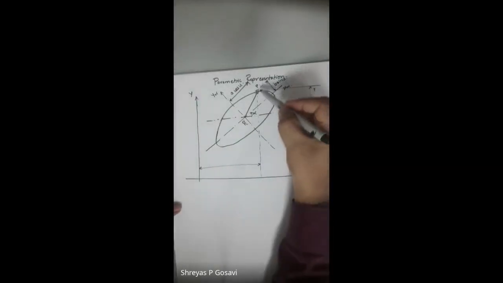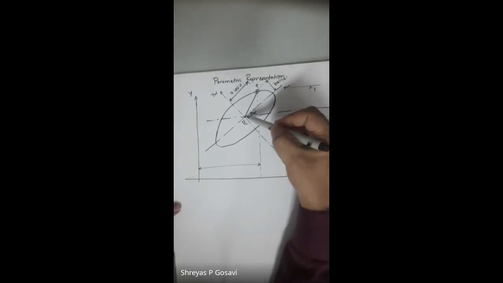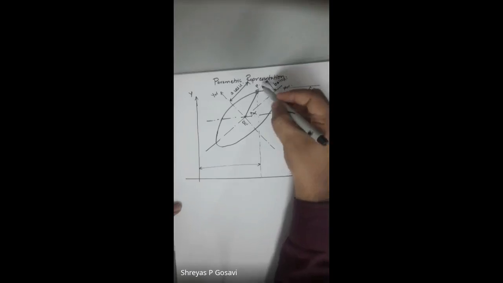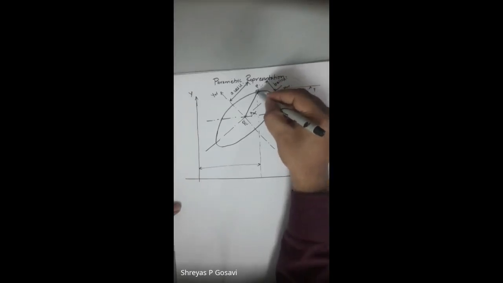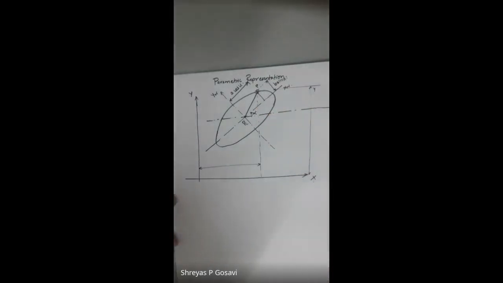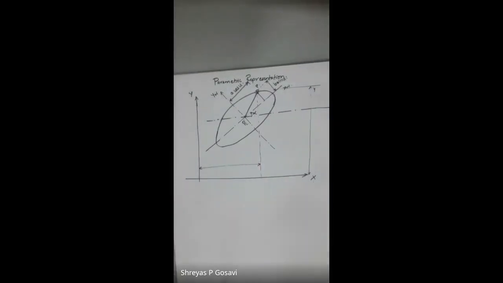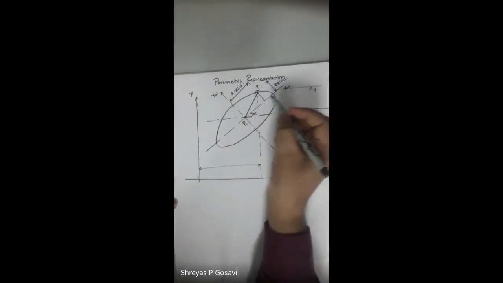Okay. We know that for an ellipse, the y coordinate of this point is equal to b sine of u and the x coordinate is, so I'll drop a perpendicular. Okay, so this is the y coordinate and a cos u is the x coordinate of this point on the ellipse, as per the generalized equation. Now let us see some trigonometric relations.